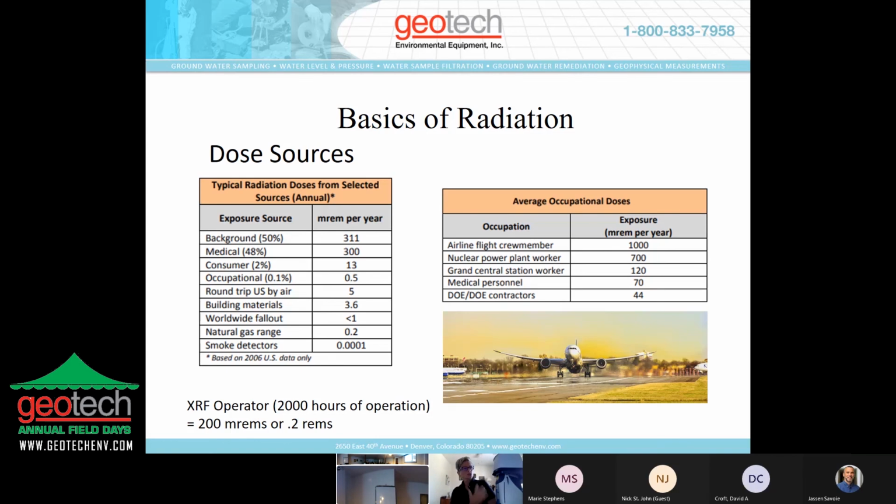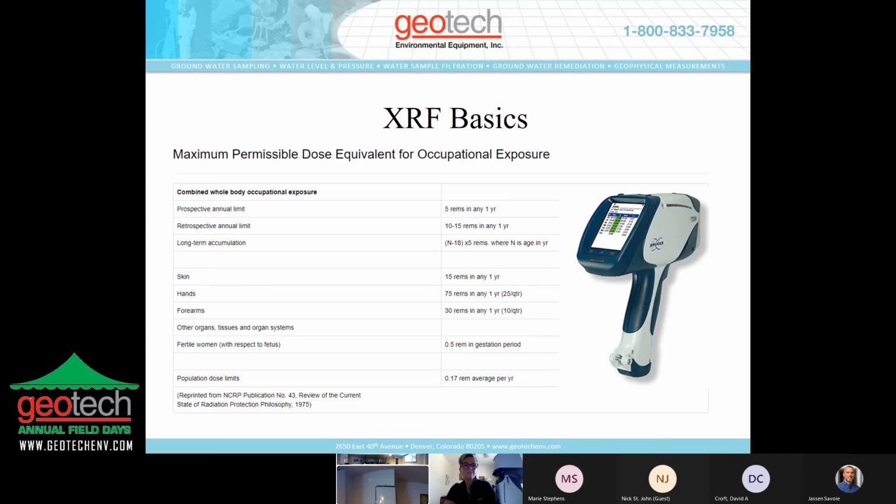So when we start using an instrument, we try to practice and keep our exposure as low as we can. So using an XRF, the maximum permissible dosage is about 5 REMs in a year. And using these instruments and practicing ALARA, you're probably going to get 0.2 millirem per year.